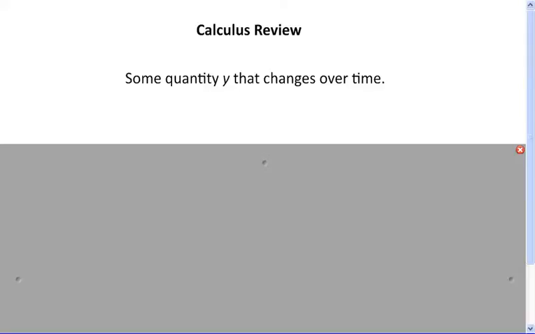So the whole context of calculus is that you have something, some quantity, some number that's changing over time. Now time would be our independent variable, and y, whatever it is, would be the dependent variable.